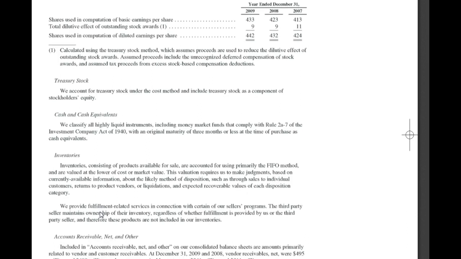And then they ask you the ultimate here. They want you to find what the purchases were when they don't tell you, but they give you all the other information that you need. And I believe that is for the year, let me see, 2009. So we're just working with 2009.